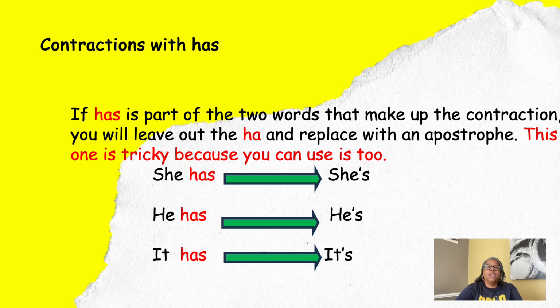When we talked about using is, we were replacing the I with the apostrophe. So when looking at these particular contractions, always use your context clues in your sentence to see which one makes the most sense. She has became she's. He has became he's. And it has became it's.